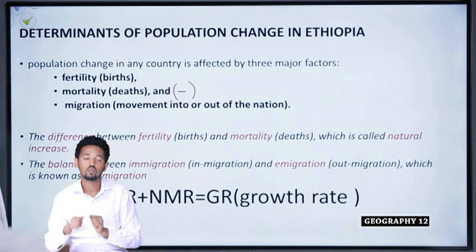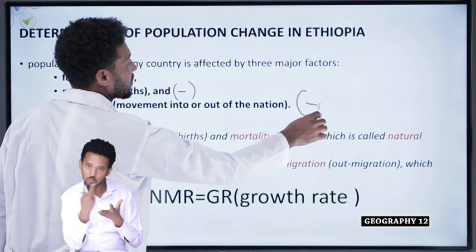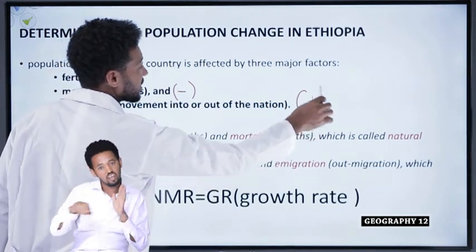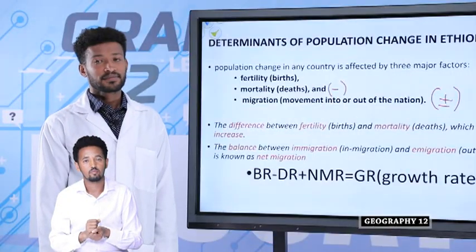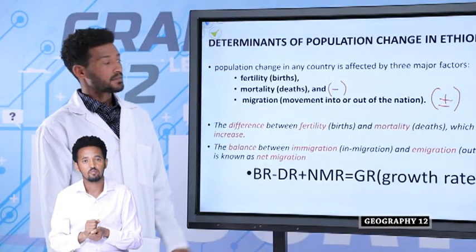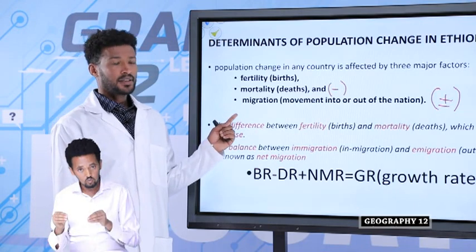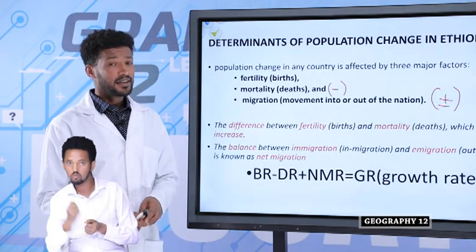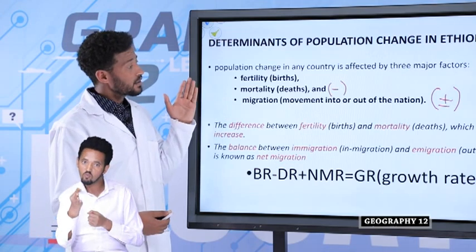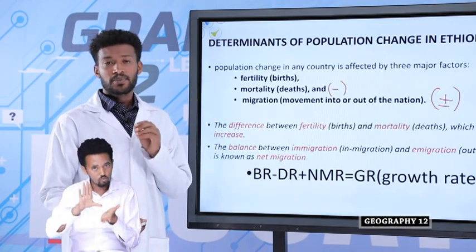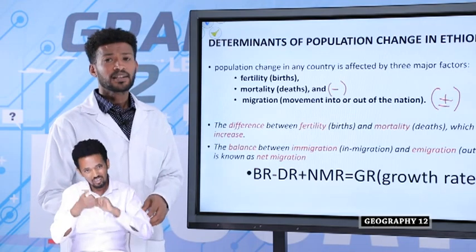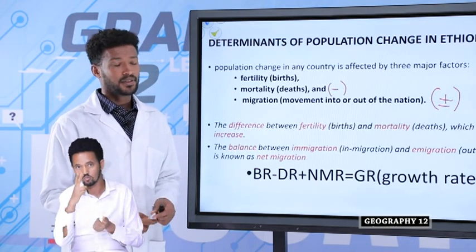The role of migration is both negative and positive. Students, let's see one by one the effect of these dynamics and their role in Ethiopian population change, what they look like in the Ethiopian context.